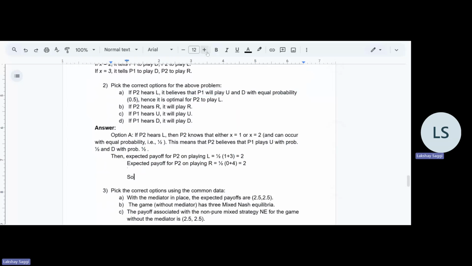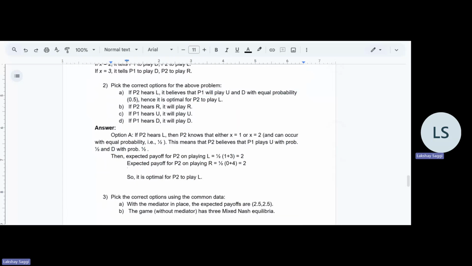It is optimal for P2 to play. Right. So option A is actually correct.